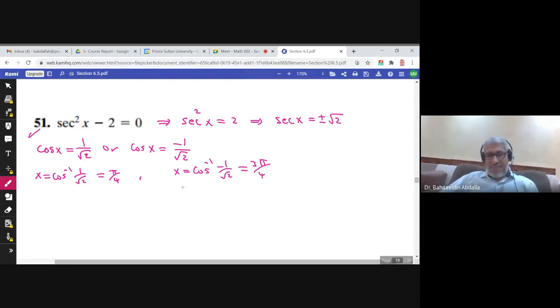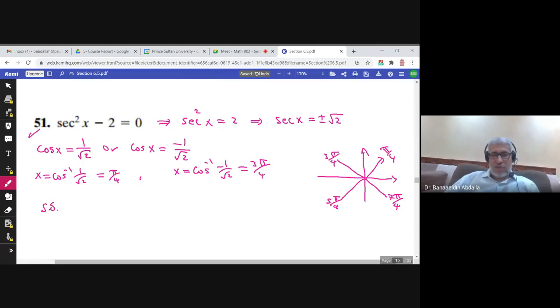In both cases, the reference angle is pi over 4. So we are dealing with pi over 4, 3 pi over 4, 5 pi over 4, and 7 pi over 4. Now, where cosine is positive, the solutions are these two. Cosine is negative, the solutions are these two.